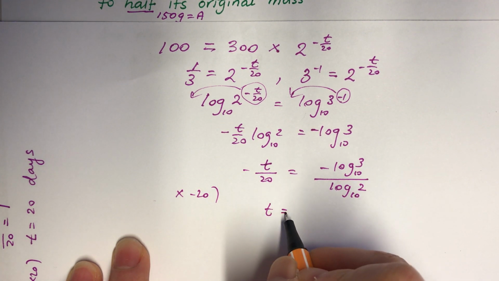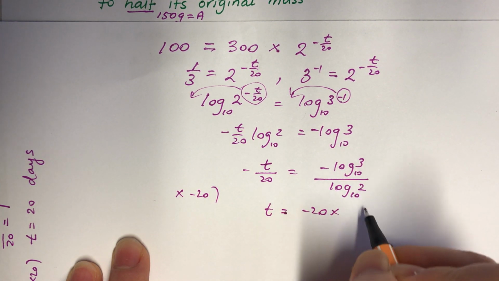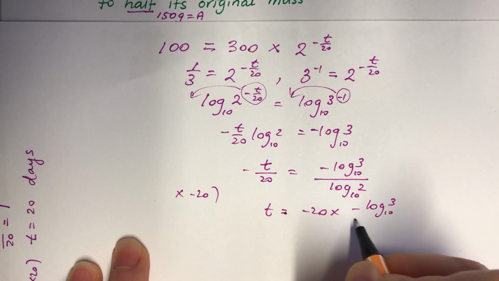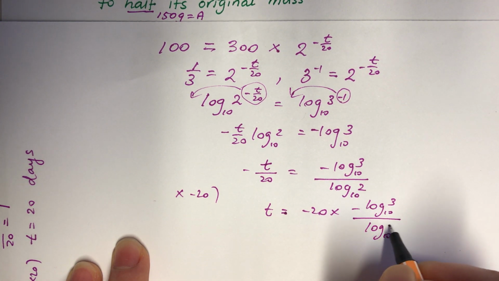It'll be T equals minus 20 times minus log 10 of 3 over log 10 of 2.